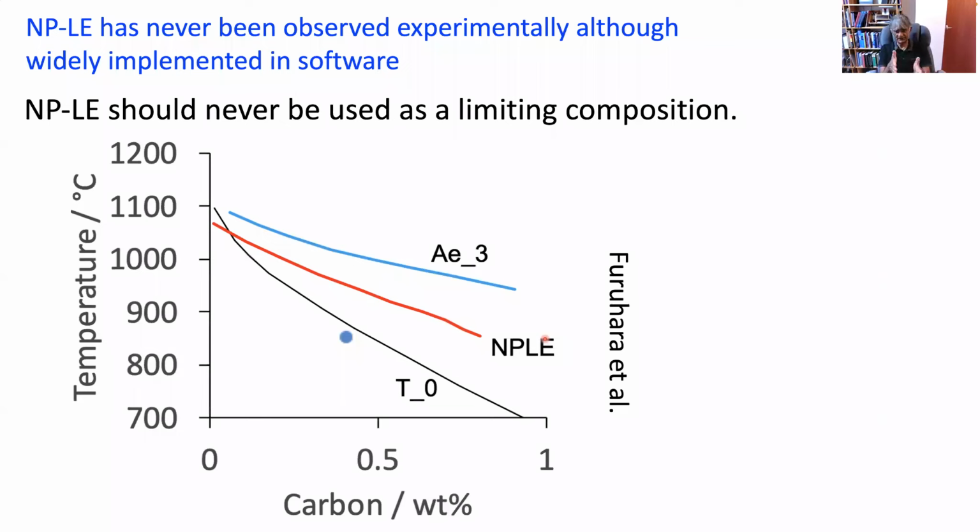Because as the ferrite or whatever is growing becomes bigger, the tie lines will shift towards partitioning local equilibrium. Okay, so this is not a limiting condition. And you should never use it as a limiting condition, because you will get what's known as tie line shifting.